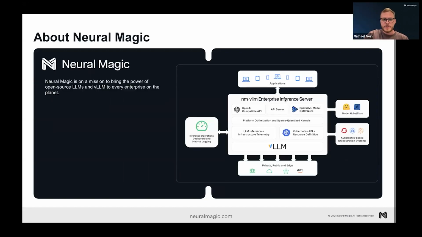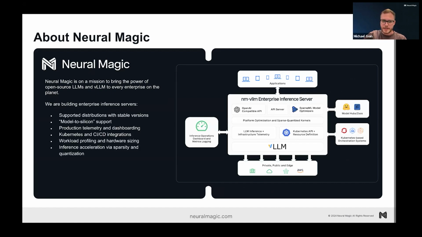So following that, here at Neural Magic, we're really focused on making open source LLMs and vLLM great and bringing those to every enterprise on the planet. We build enterprise-supported inference servers, and so this means we build supported distributions with stable versions so that we can hotfix versions of inference server software that you're deploying on your infrastructure and offering a lot of support, telemetry, and dashboards alongside that.